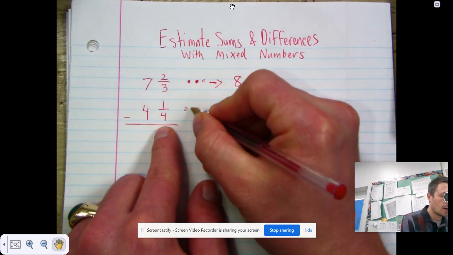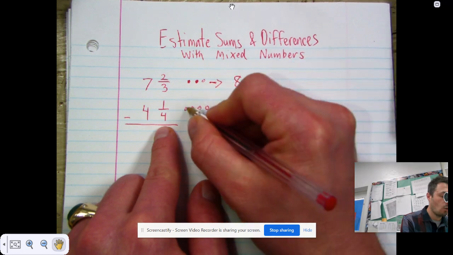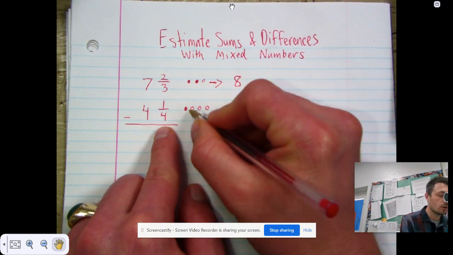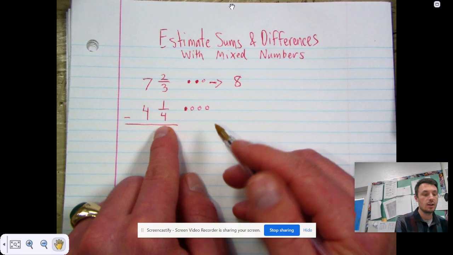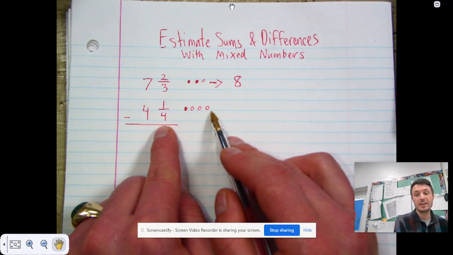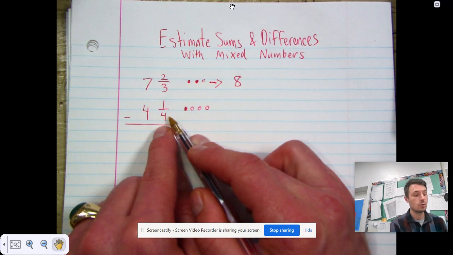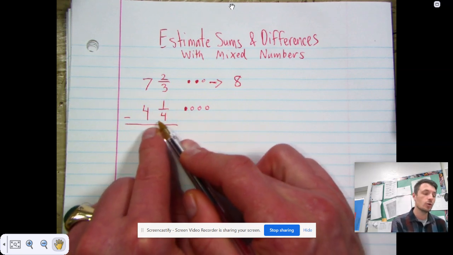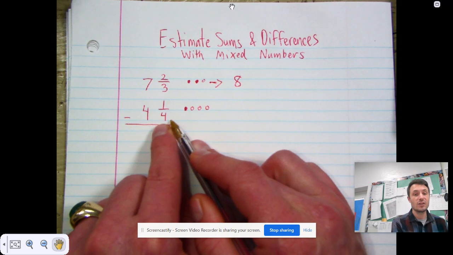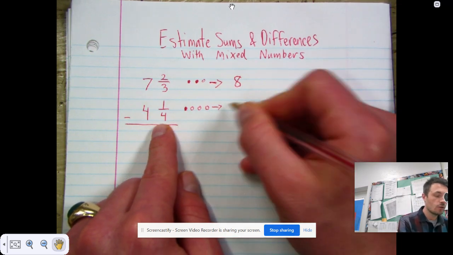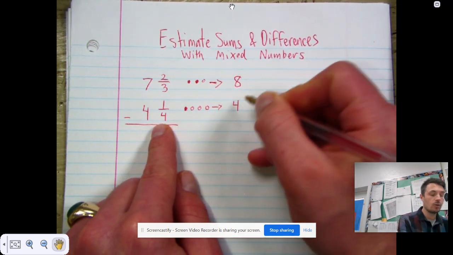If we have 4 marbles here and 1/4 of them are colored in, you can see that's less than half. So 1/4 is less than half, which means 4 1/4 is closer to 4 than it is to 5. So 4 1/4 would round down to 4.